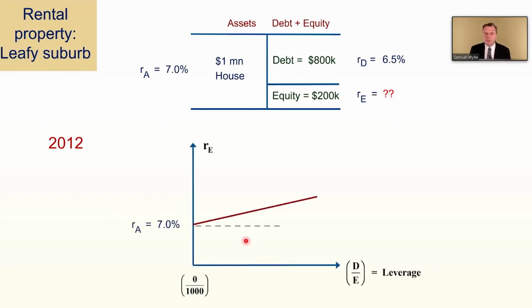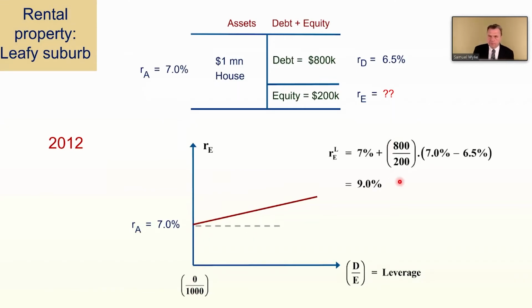So the equation that we're going to have: we start off with zero debt. That was our previous example, and $1 million in equity, and the return on equity was just the same as the return on the asset, 7%. And then as we start to increase the amount of leverage, as we go to 8 parts debt to 2 parts equity, then our required return on equity in the levered firm, that's what the L means, the expected total return here is going to go up to 9%. 9% is what's going to make this work.